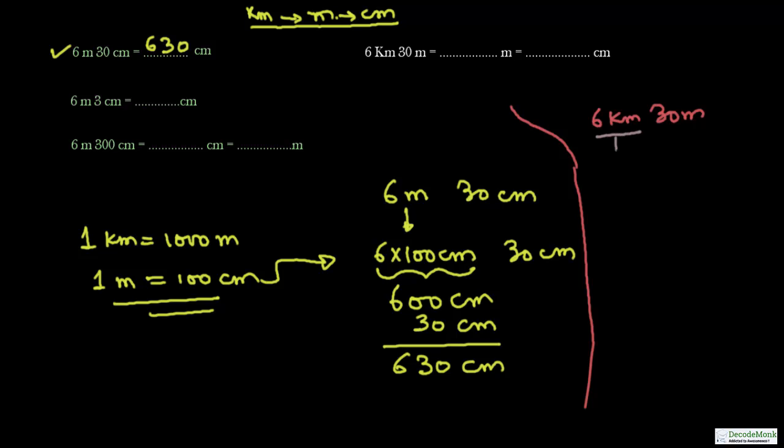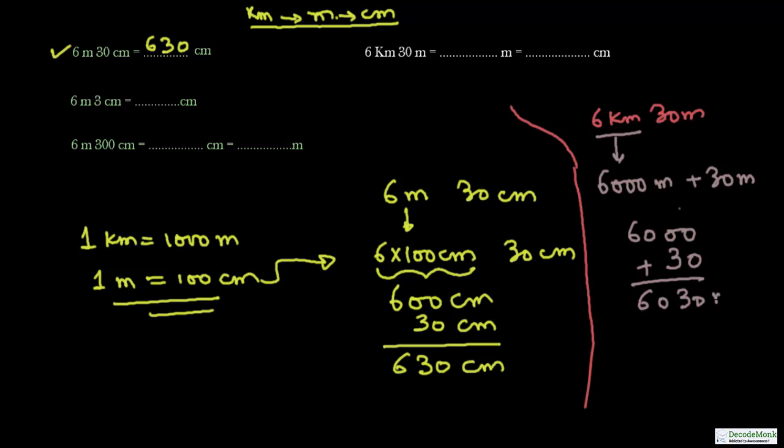Now this 6 kilometer is equal to 6000 meter, and we have got 30 meter extra. So if you add 6000 to 30, you will get 6030 meter. So this is equal to 6030 meter, which is not equal to 630.